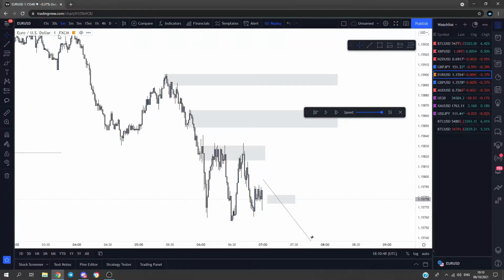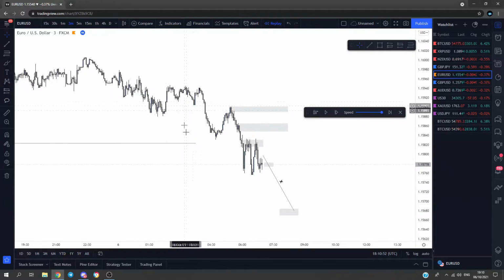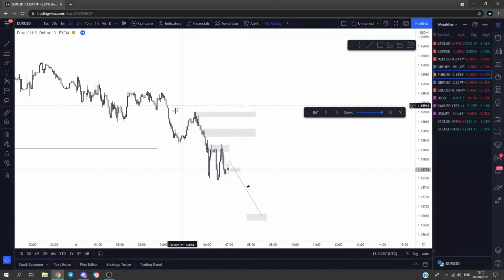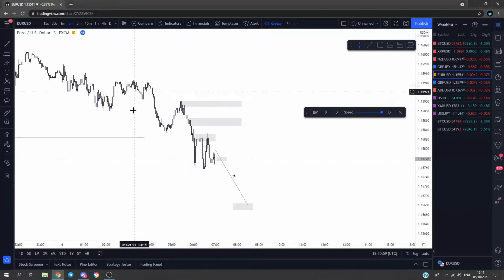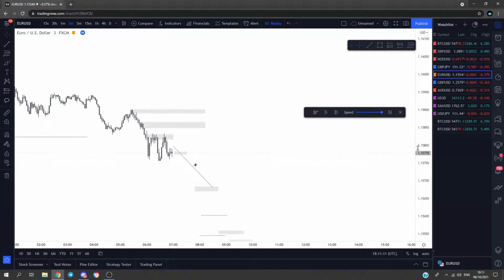So this tells me that price has shifted from bullish to bearish, and we have valid bearish order flow in play. We're creating lower highs and lower lows. There's one order block marked out, and there's another order block marked out. Both broke previous structure and are continuing down to the downside.